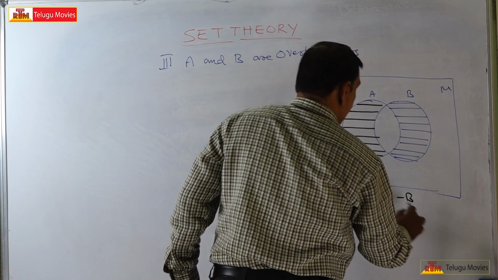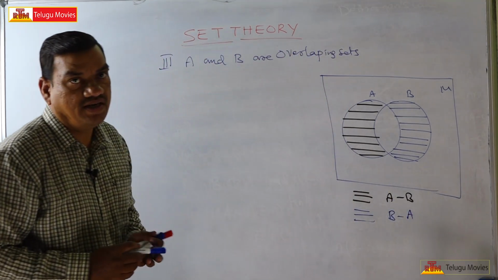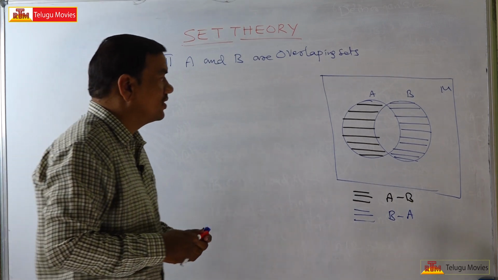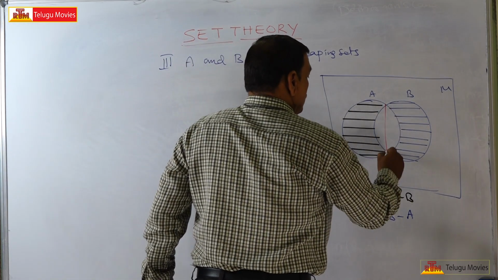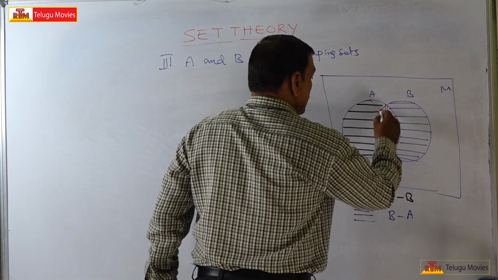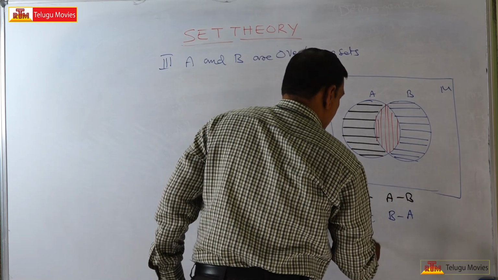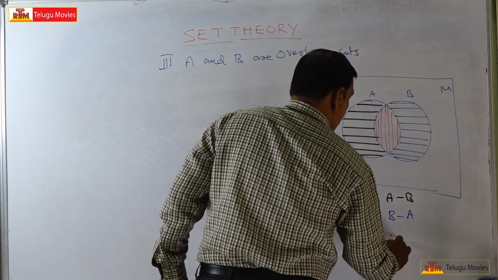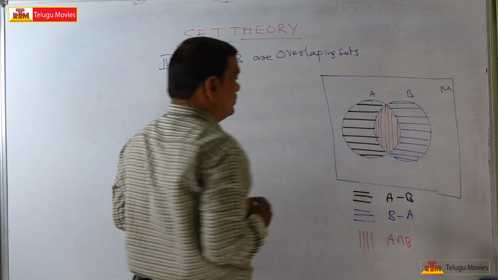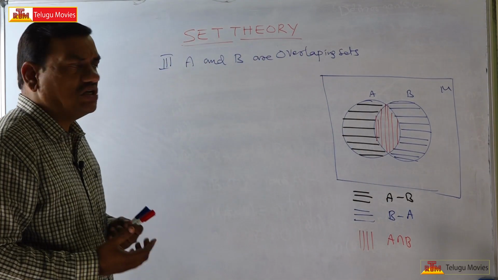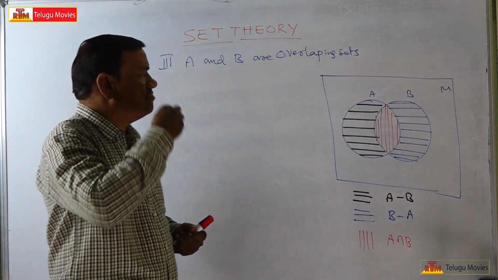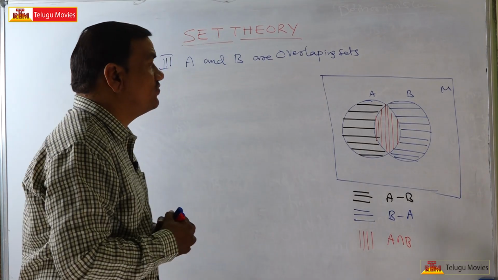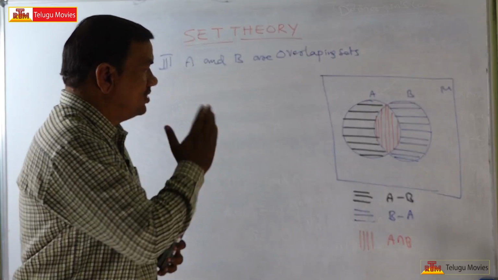Blue shaded part is B minus A. That everybody knows. Now what about this part? This is A intersection B. Everybody knows that. So from this we can get a number of results.